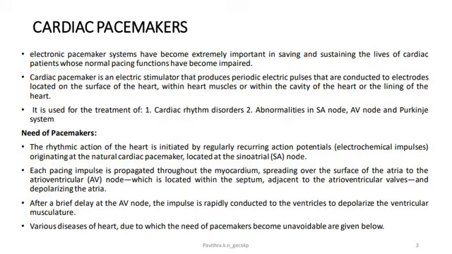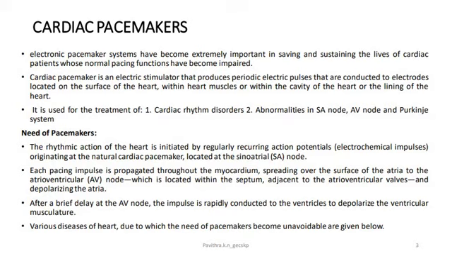Okay, so what happens if there is a block in this pathway? That is, the pulse is generated in the SA node, and during its travel to the ventricular walls, if there is any disruption to the pulse traveling, what will happen? Then the heart pumping rate will get varied.